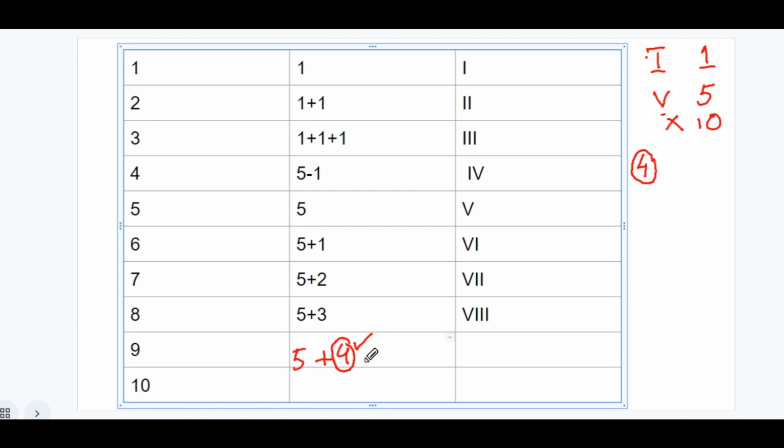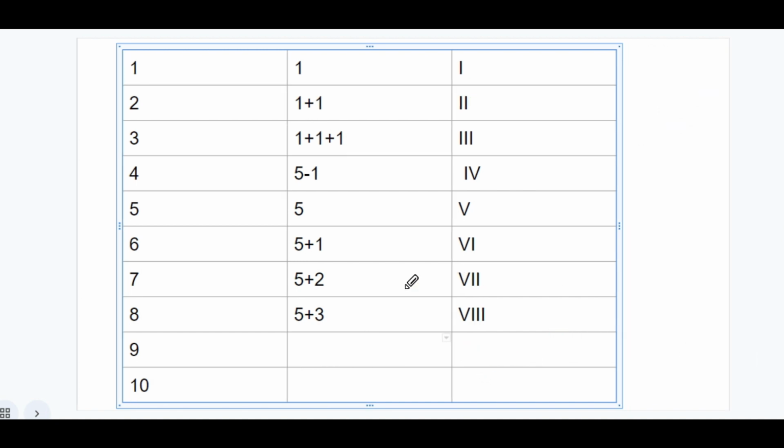Now look here, 5 plus 4 means V and 1, 2, 3, 4 times I. You know that we cannot write 4 times I. So that's why we need to go back into our Roman numeral table and find your next letter, which is 10 equals X. So the same thing we are going to do over here, that is 10 equals X.